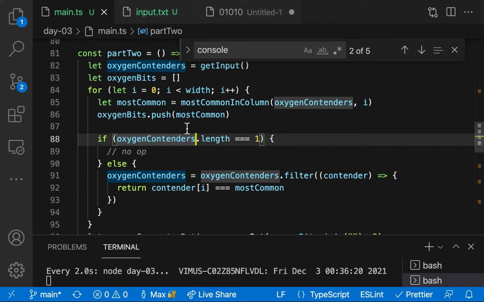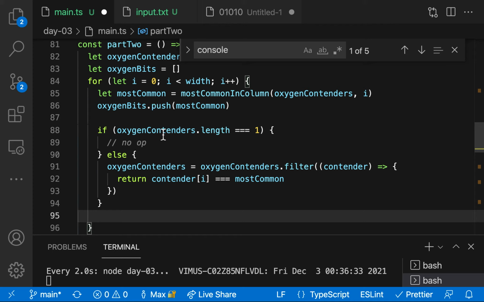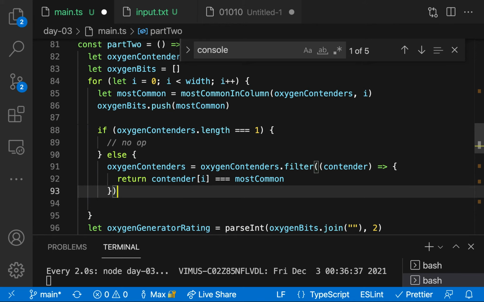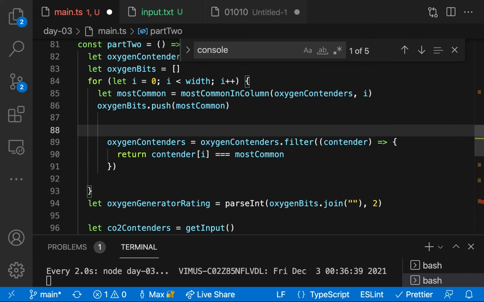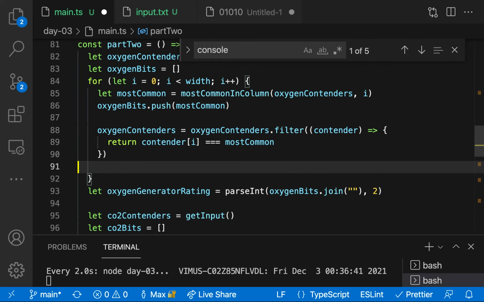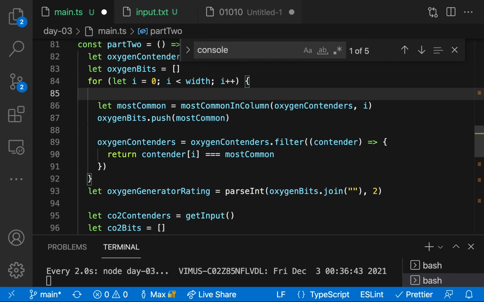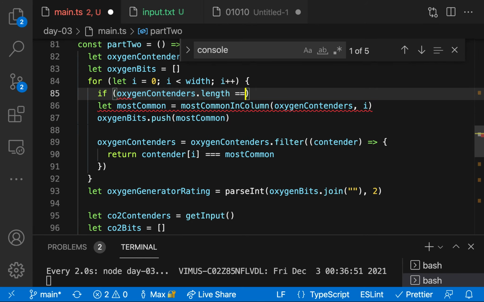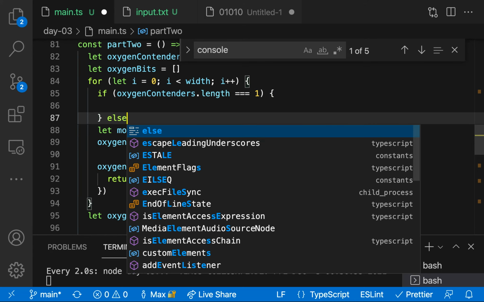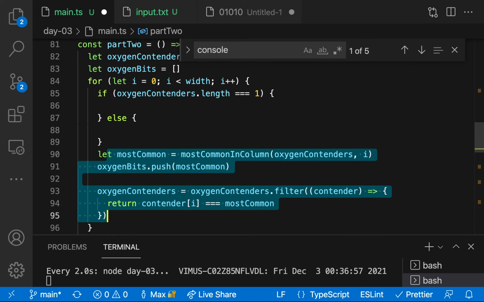Maybe we need this condition earlier. So if we, all right, hold on. Let me undo this. Right, so maybe just right at the top here, if oxygen contender's length is 1, else, and then here's where we do all this stuff, right?